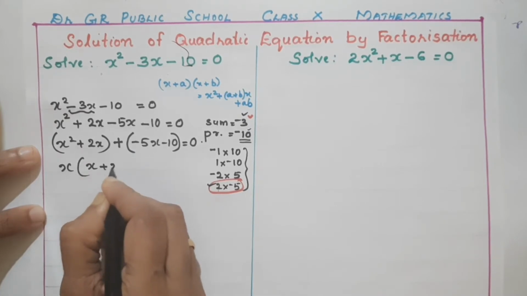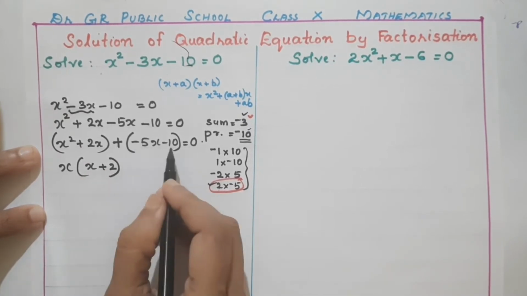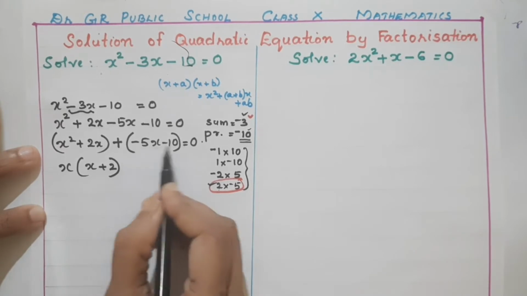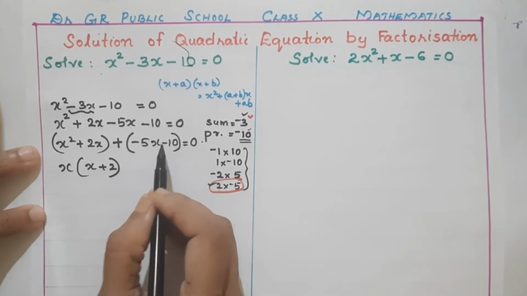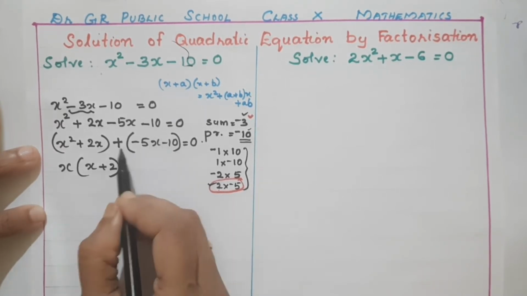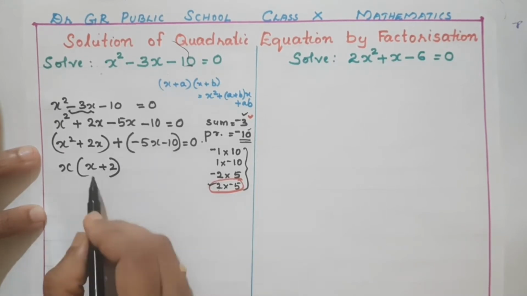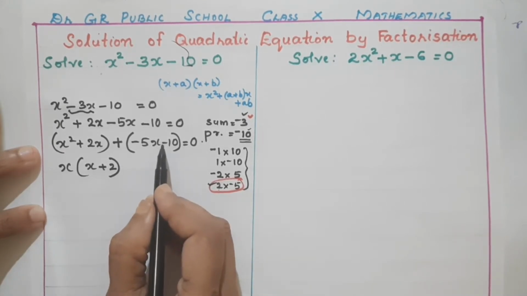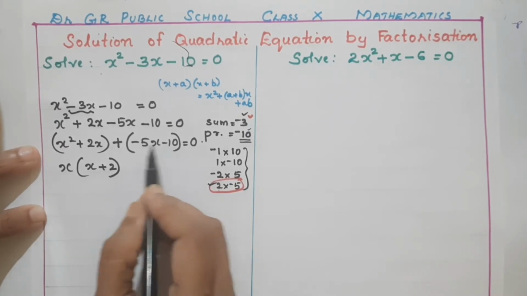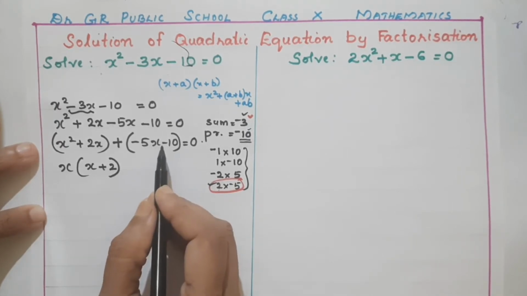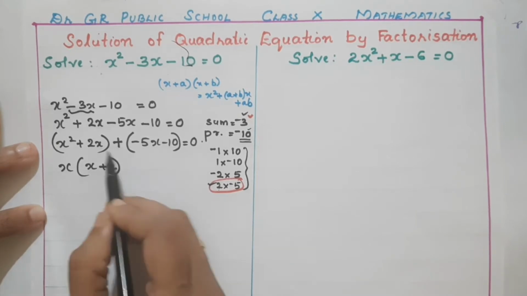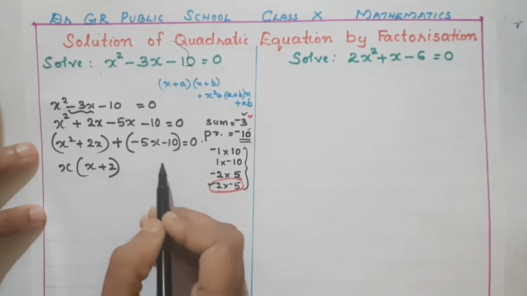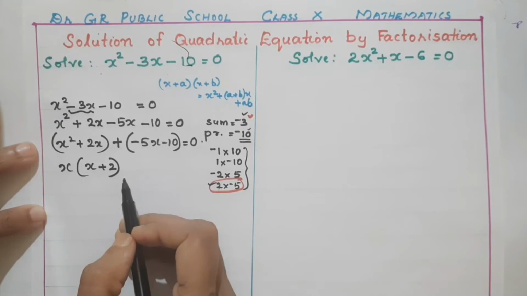So, x plus 2. Then here what is common? In both the terms we have a minus sign. We have to take that negative number outside, then only we will get the positive symbol inside this bracket. Which all can be taken outside? If you are taking only 5 outside, again inside the bracket you will have a negative sign.